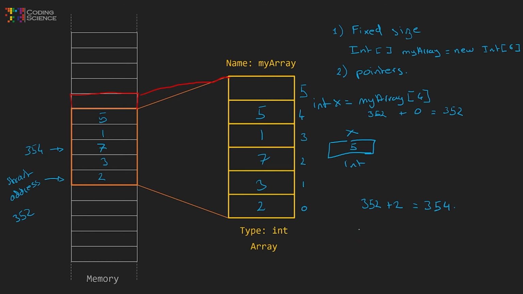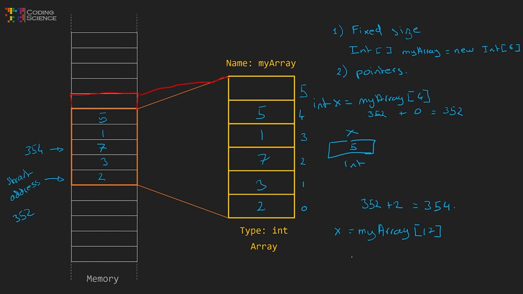If you make a call like my array with brackets, let's say 17, for example, and you want to put this in X. So what happens then?